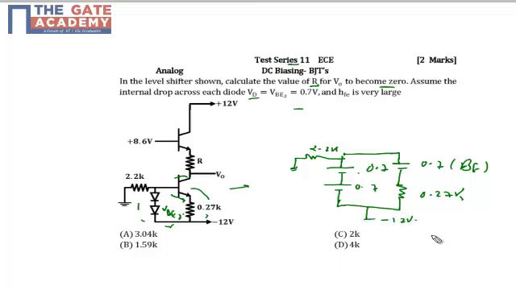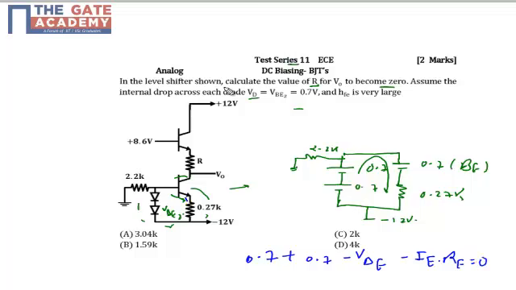If I apply KVL in this loop, because we have formed a closed loop, my KVL equation is 0.7 plus 0.7 minus VBE minus IE times RE equals 0. Why IE?